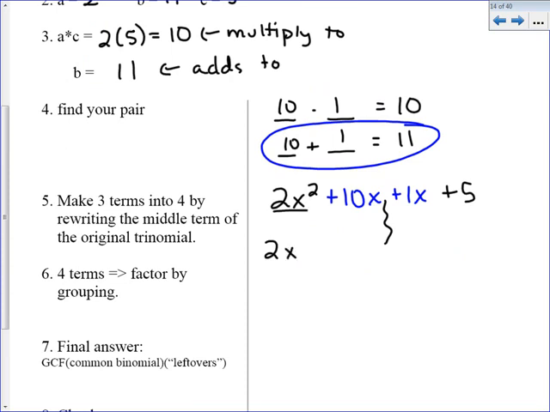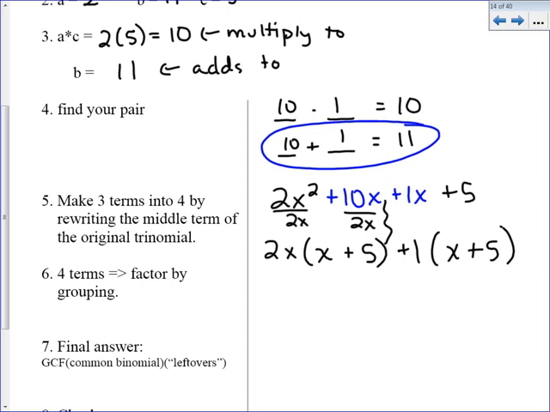So I'm going to divide these each by 2x, and that's going to give me x plus 5. What's the greatest common factor in my second group? 1. Remember, that 1 is always present. So I'm going to use a 1 for the GCF here, which gives me x plus 5.